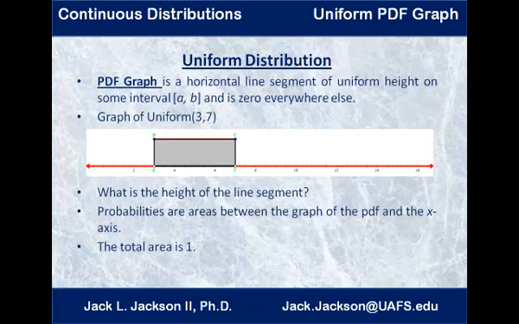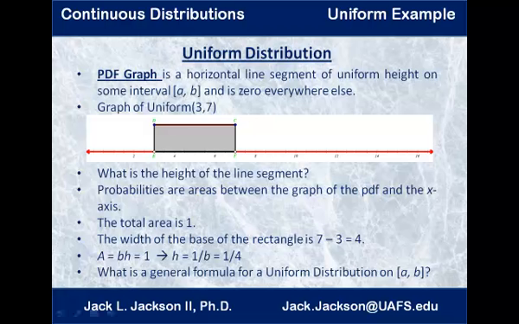Okay, well, we know the area is 1. What's the area of a rectangle? We know how to do that. It's just length times width, or base times height. So the base here along the x-axis is going from 3 to 7. So what is that? That's 7 minus 3, just a length of 4. And so then what's the height?